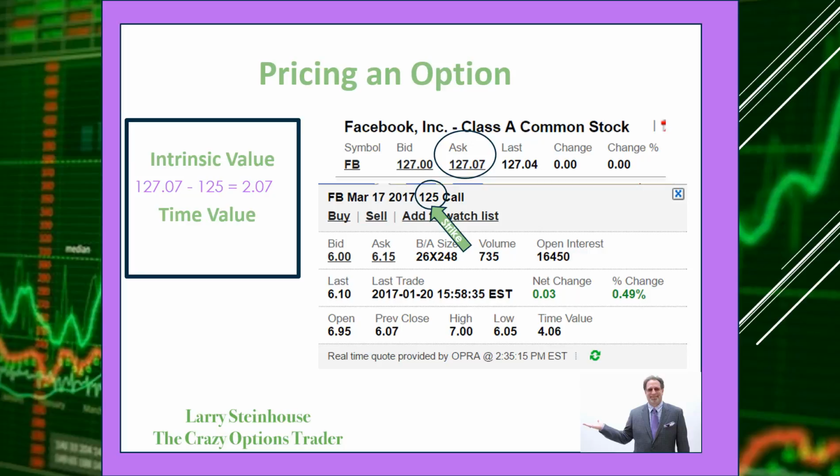Okay, now we have time value. And the time value is the amount of money we're going to pay for the option, the ask price of the option, minus the intrinsic value of $2.07, and we get $4.06. Look at that. The math worked. It's actually a time value of $4.06.